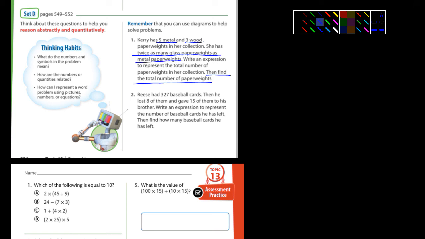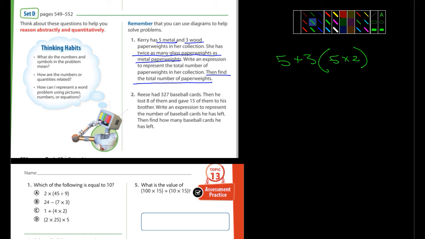Twice as many. Well, first off, let's just write. We have 5 metal paperweights and 3 wood paperweights. And then she has twice as many glass paperweights as metal paperweights. So how many metal ones does she have? 5. Twice as many, that's times 2. All right. Oops.